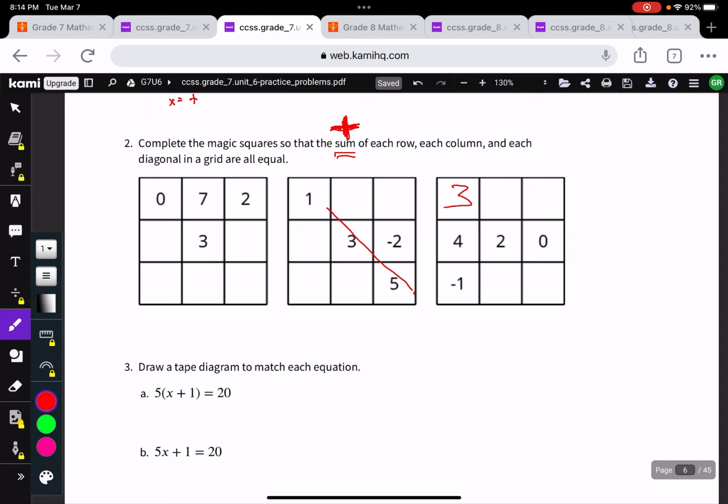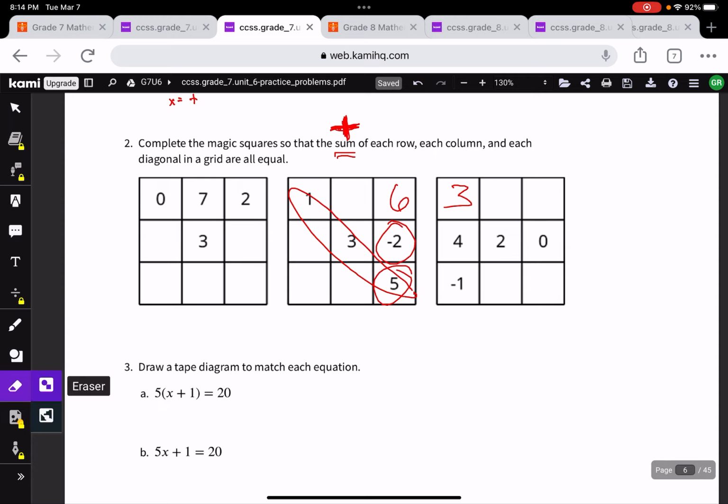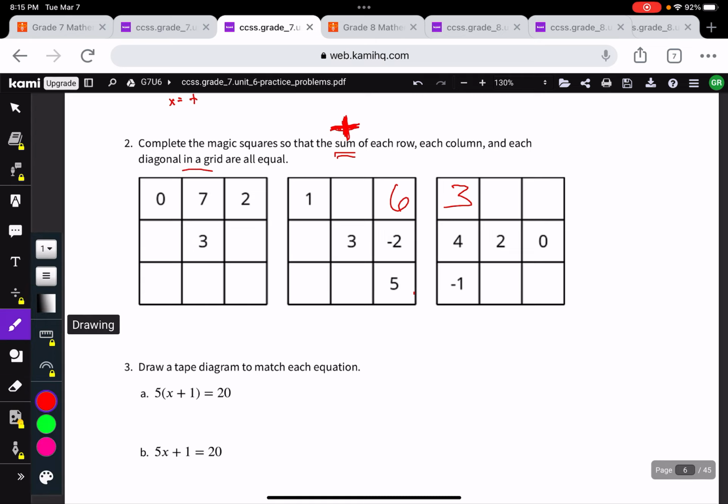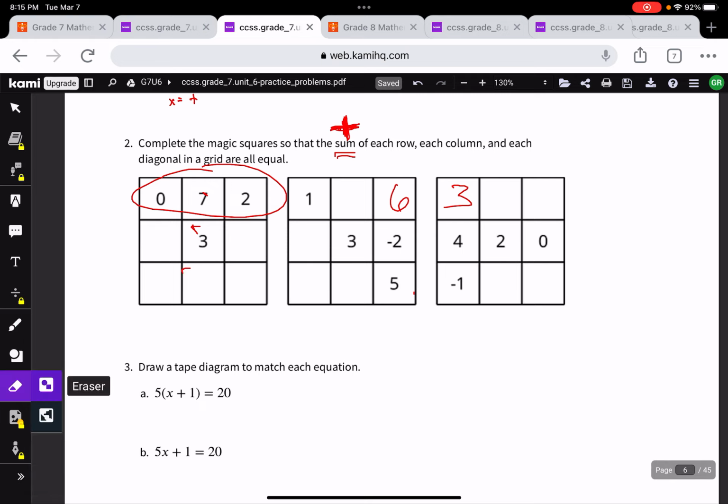I have this equaling 9, so 5 plus a negative 2 is 3, which means that must be 6. And you just have to do trial and error. If this is equal to 9, then 7 plus 3 plus what also equals 9. And I'll leave you. I don't want to ruin the fun.